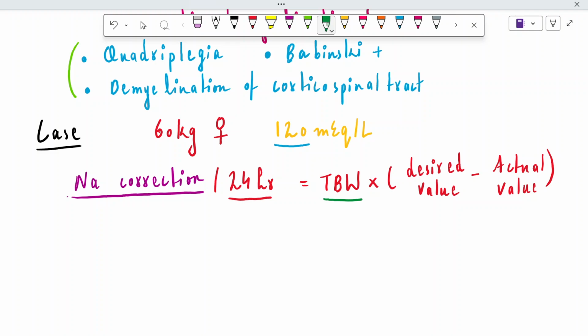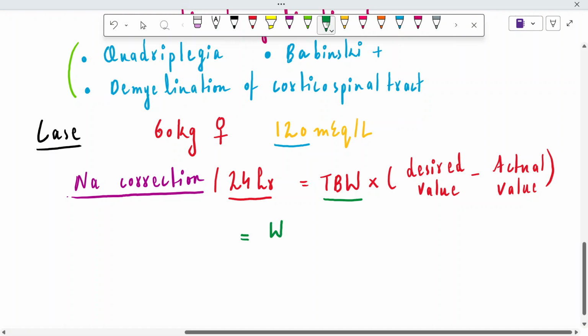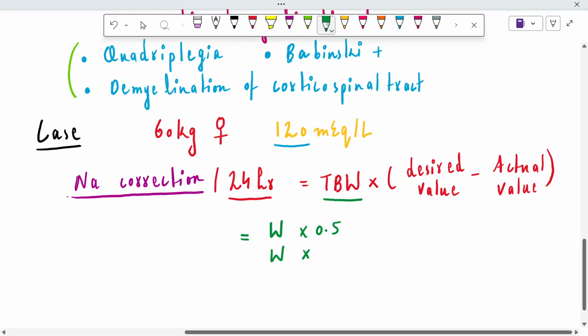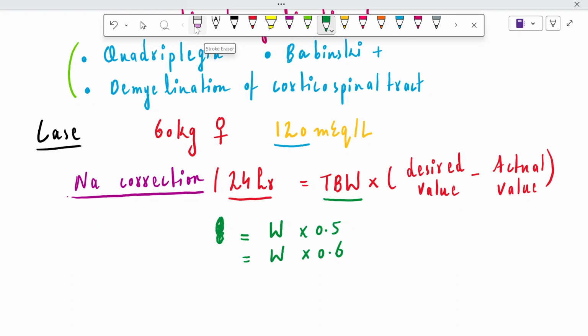The total body water can be calculated by multiplying the weight of the individual. In case of females it is multiplied by 0.5, and in case of males it is multiplied by 0.6. Sorry, it's 0.5 in case of females, right?